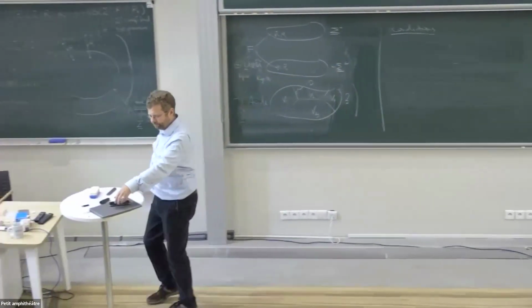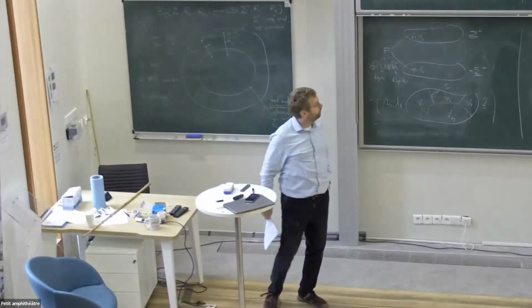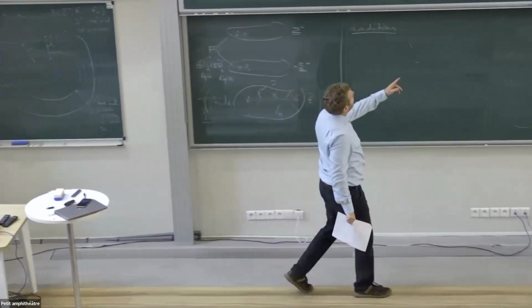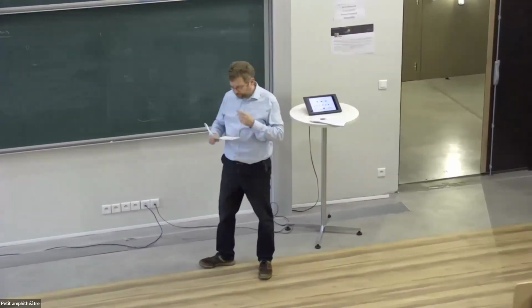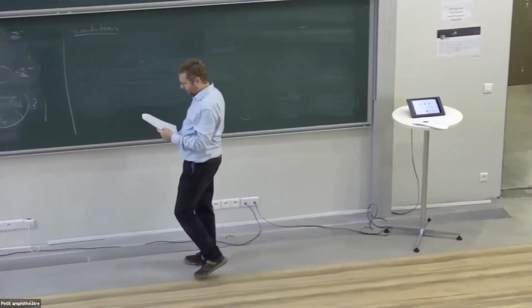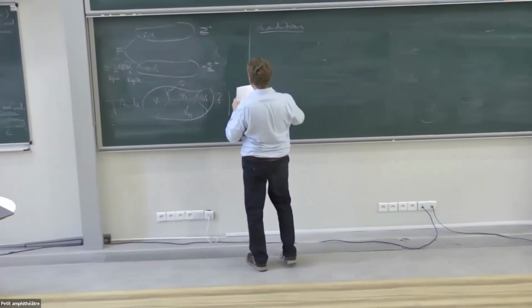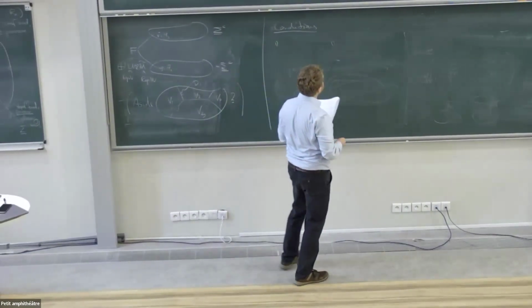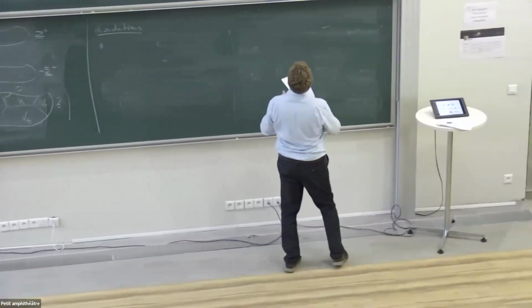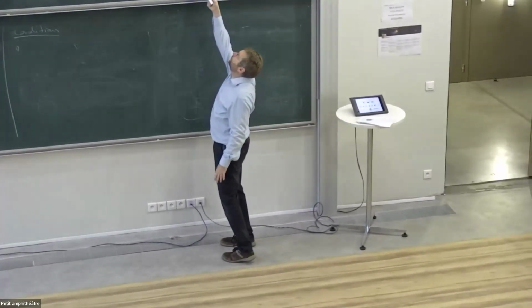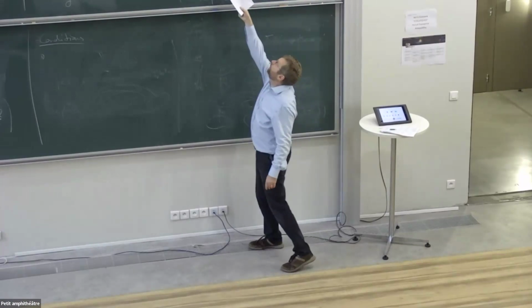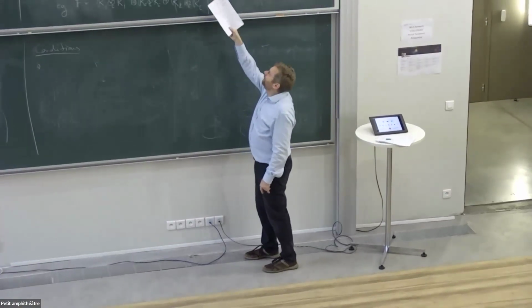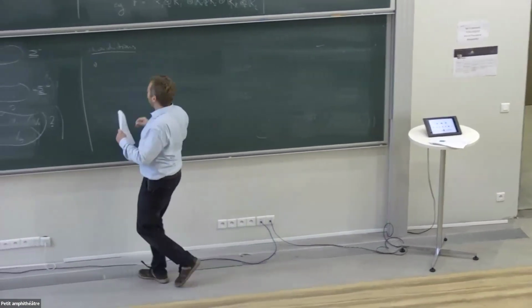I've given you data. So now I should also give you conditions. The first condition is that this assignment should be well defined. Let me just call it well defined.